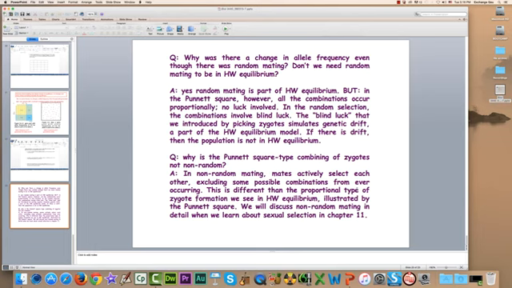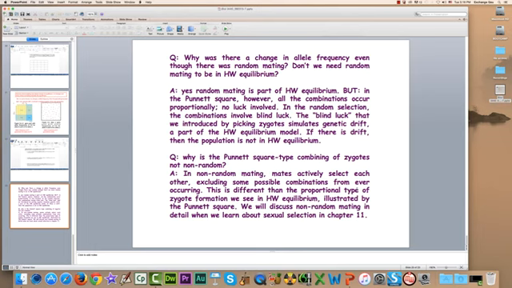No luck is involved. In the random selection, meaning the one we were picking with our fingers, blind luck is involved. And the blind luck that we introduce by picking zygotes simulates genetic drift. If there's drift, then the population is not in Hardy-Weinberg equilibrium.